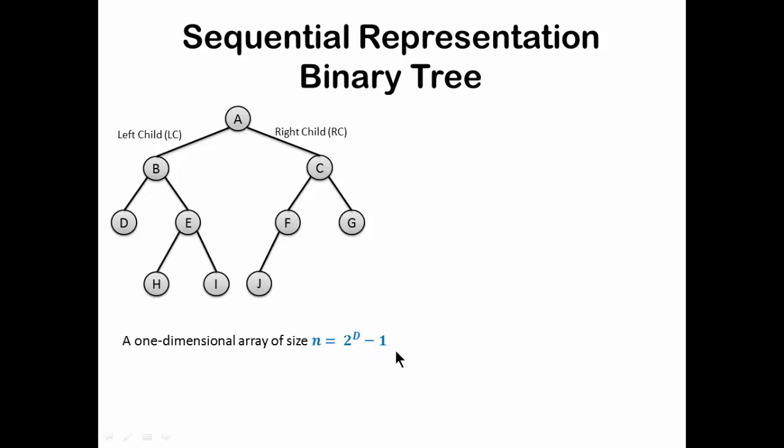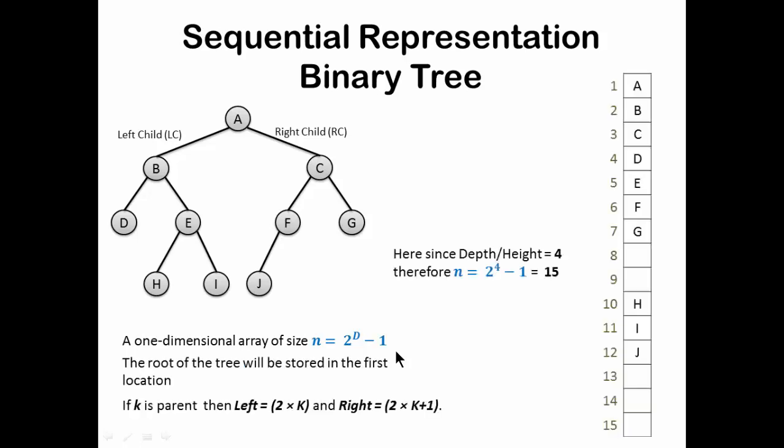So we can initialize an array of size 15 so that if this tree later grows, there is space in the array where it can store the values of the nodes. The root of the tree will be stored in the first location and the left child in the subsequent location, and so on and so forth.